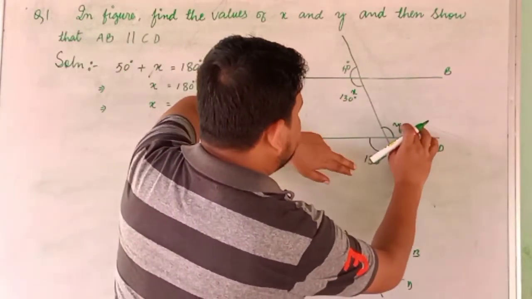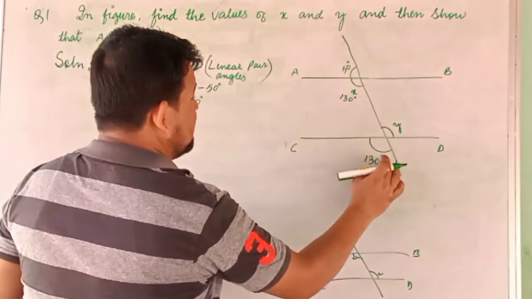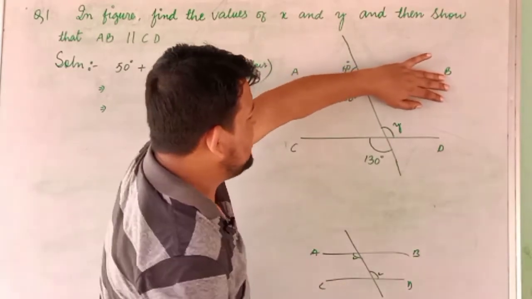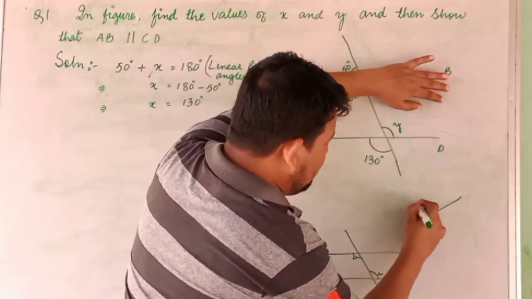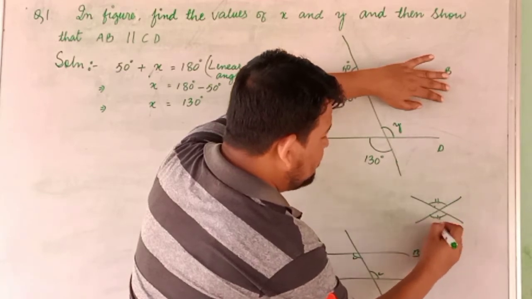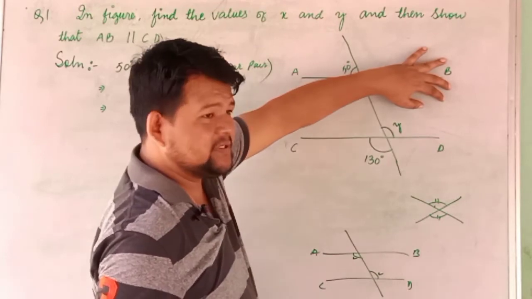Again, now let us find out the value of y. So now let's see the value of y. When we look only at these two lines now, what do we get? We know if two lines are intersecting each other, then their vertically opposite angles are always equal. So the vertical angle property is giving us this guarantee.